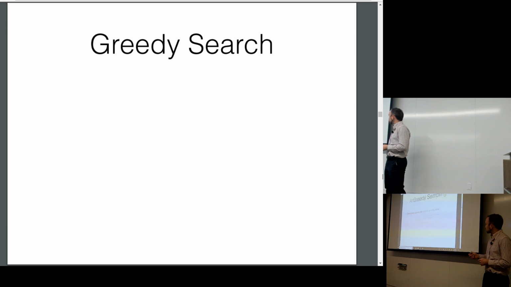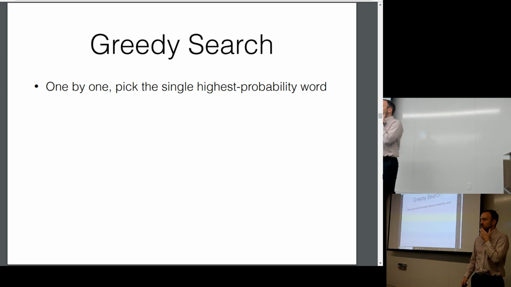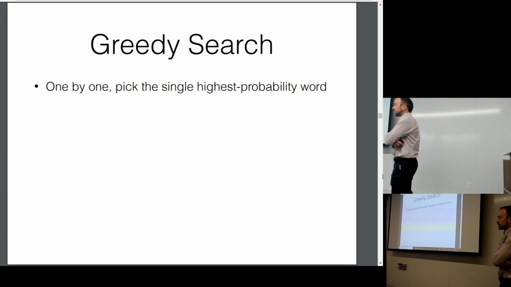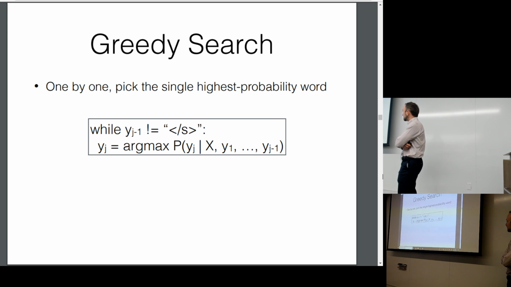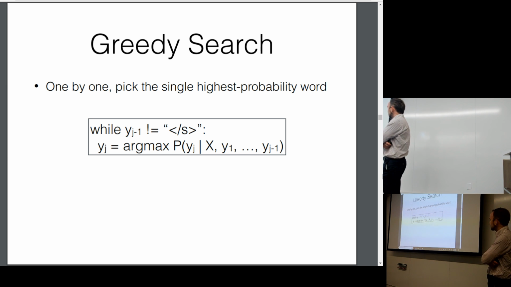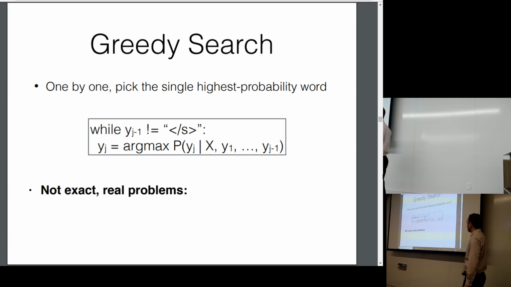The reason why I mentioned this is exact is we can compare this to when we do the argmax, when we want to get the highest probability sentence. In this case, one way to try to get the highest probability sentence is to step through one by one and pick the highest probability word each time.